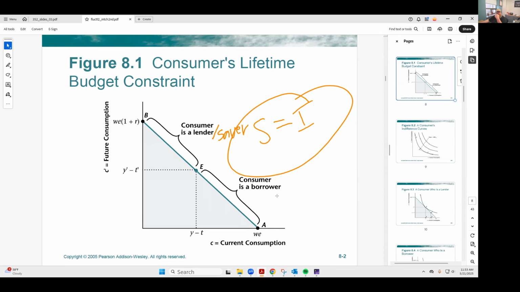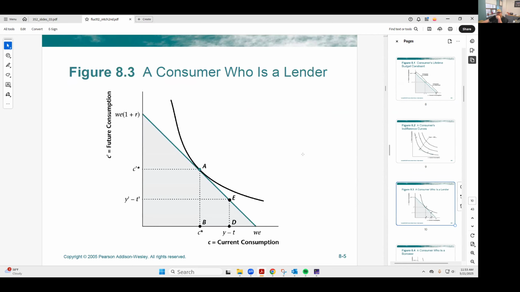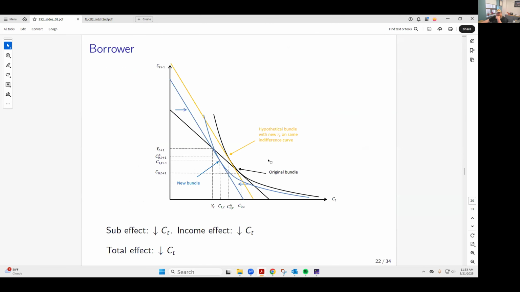Okay. So now what we're thinking about here is how someone is going to react to a change in the interest rate. This individual was a borrower. Their original optimal bundle was right here. So you can see that C1 consumption is greater than C2 consumption at the optimum.